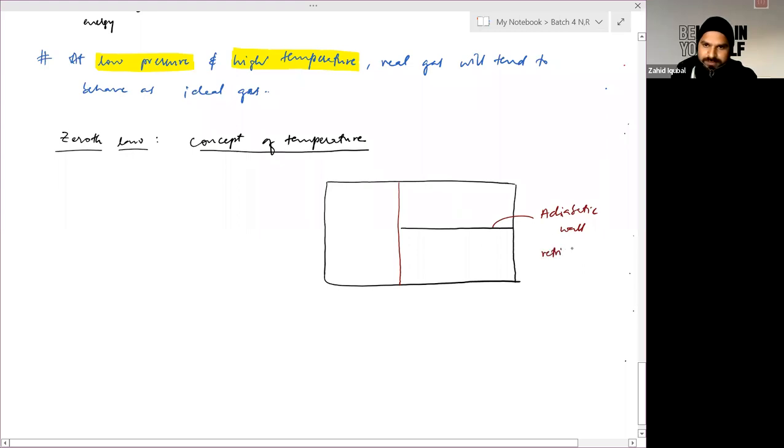This is a diathermal wall, which allows heat exchange.